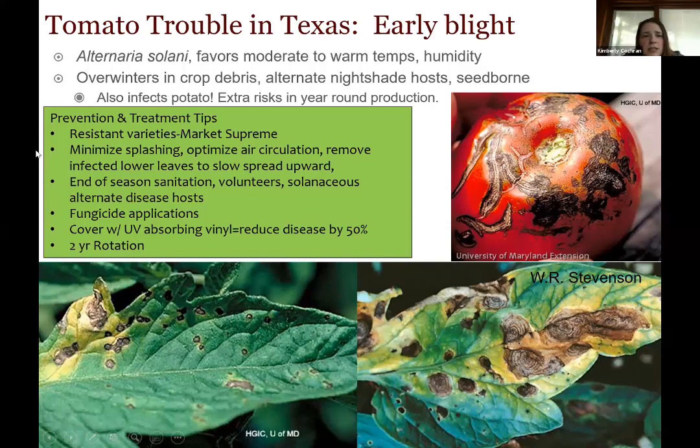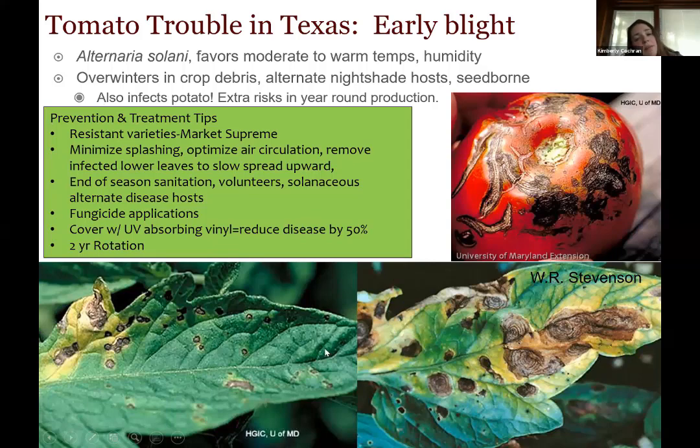to prevent disease problems with this. It also infects potato, and I like to point that out because in areas that are far south like us and you guys, there are extra risks associated with year-round production. You're probably warm enough to grow potatoes most of the year, at least in a covered area.